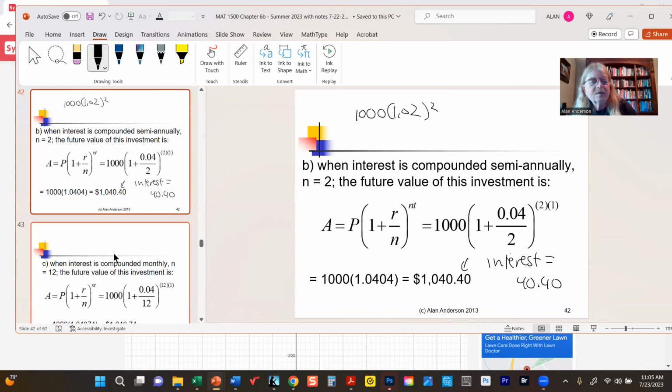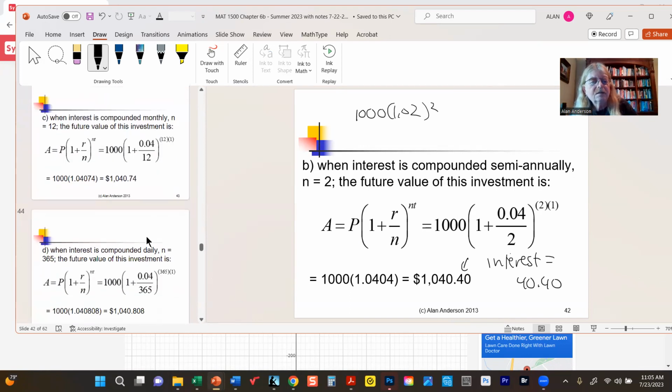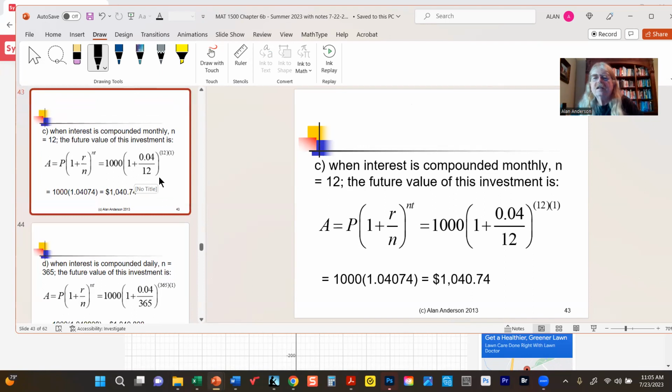Now let's move this up to 12 times a year. And again, the only thing that's different is here. I'm going to get 1/3%, but 12 times a year. And if you plug that in, so 0.04 divided by 12. Yeah, it's not an even amount.